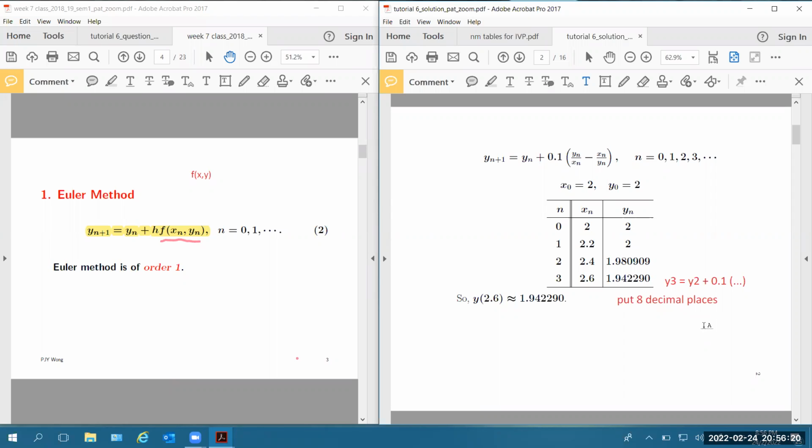Yeah, you put 8. Okay. Because this is to reduce your error. Because you see your previous Y is used to calculate your next Y, right? So if you put too few decimal places, then your answers will be getting more and more inaccurate. All right. Okay. So we put 8 decimal places.